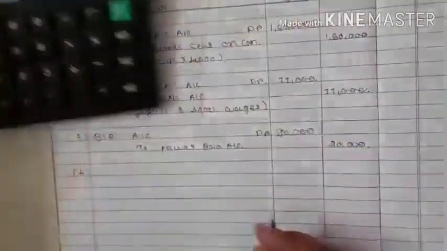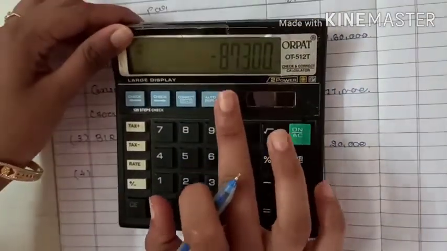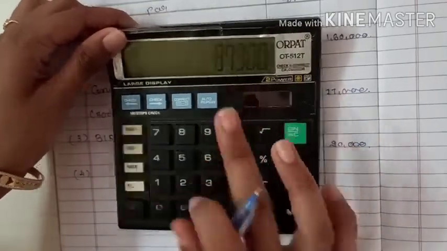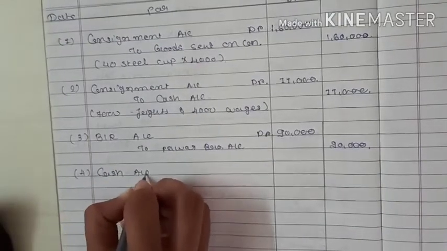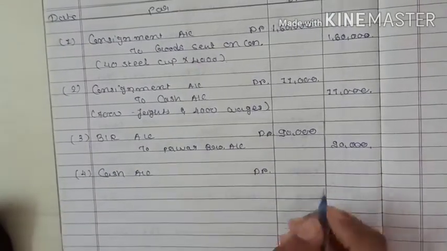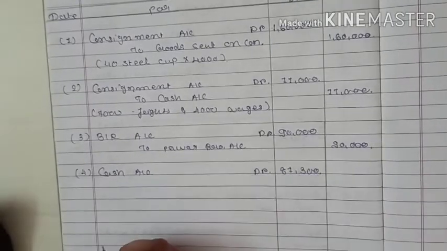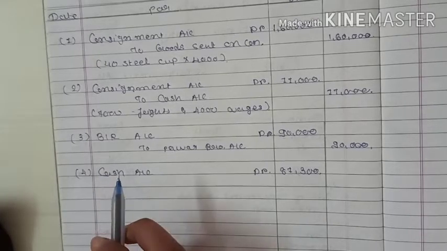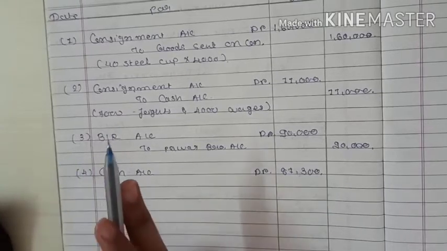Right? The remaining amount we will receive in cash from the bank. So we will be receiving cash, 90,000 minus 2,700, 87,300 in cash from the bank. Right? So entry will be cash account debit, just because we are receiving the amount, 87,300. There is a 2,700 discount, and discount will be mentioned in the consignment account.